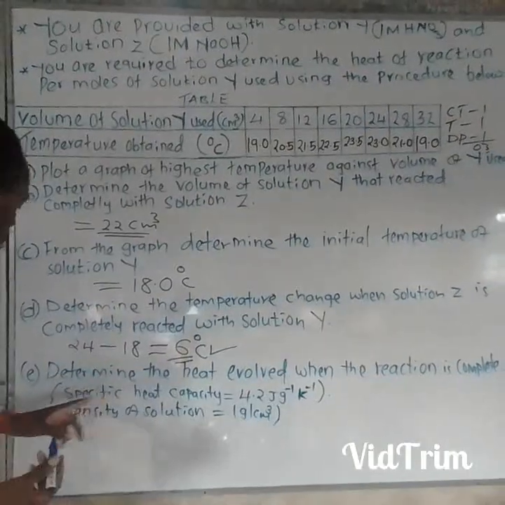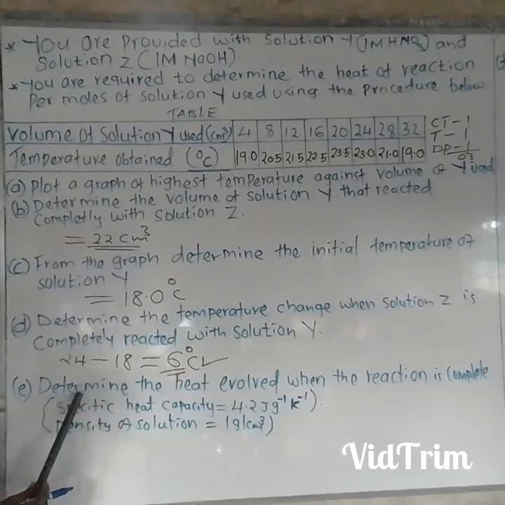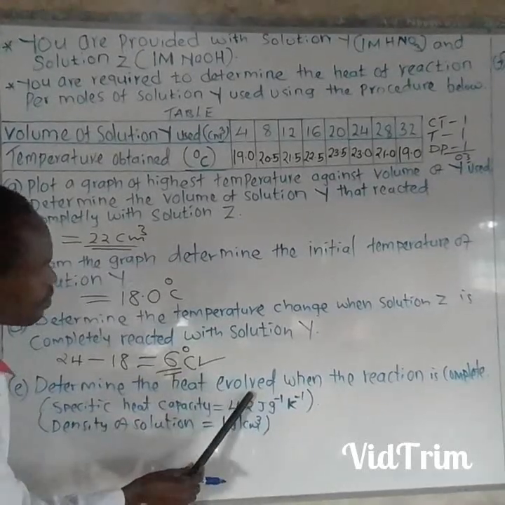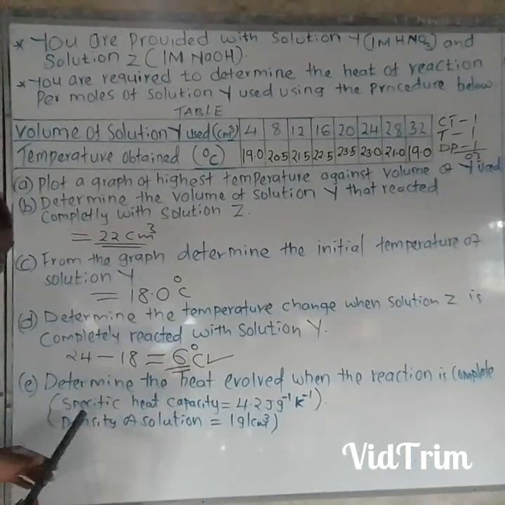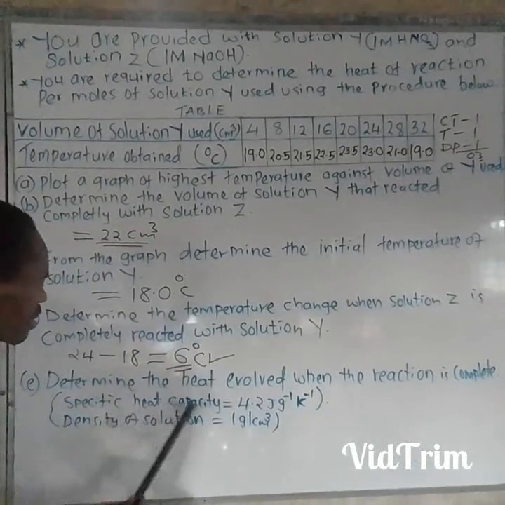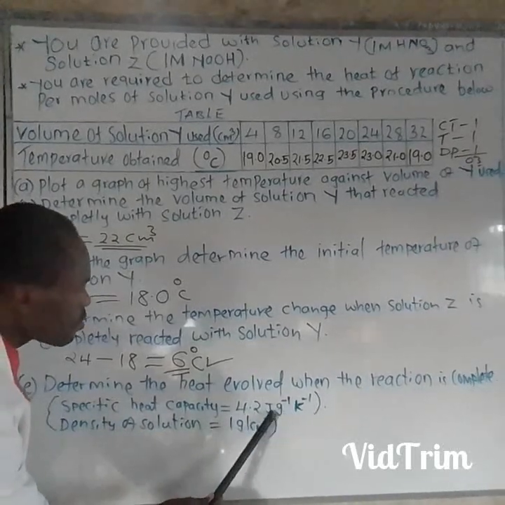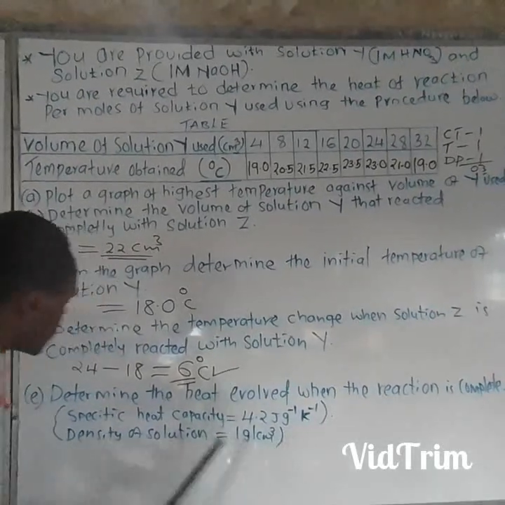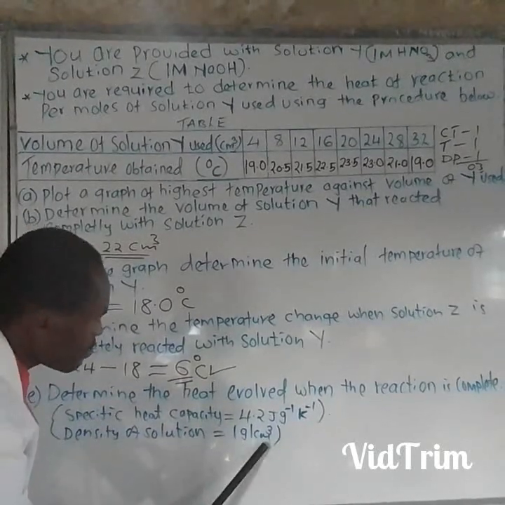So, the other question is, determine the heat evolved when the reaction is complete. You have been given the specific heat capacity of this solution as 4.2 joules per gram per Kelvin, and the density of the solution is 1 gram per centimeter cube.